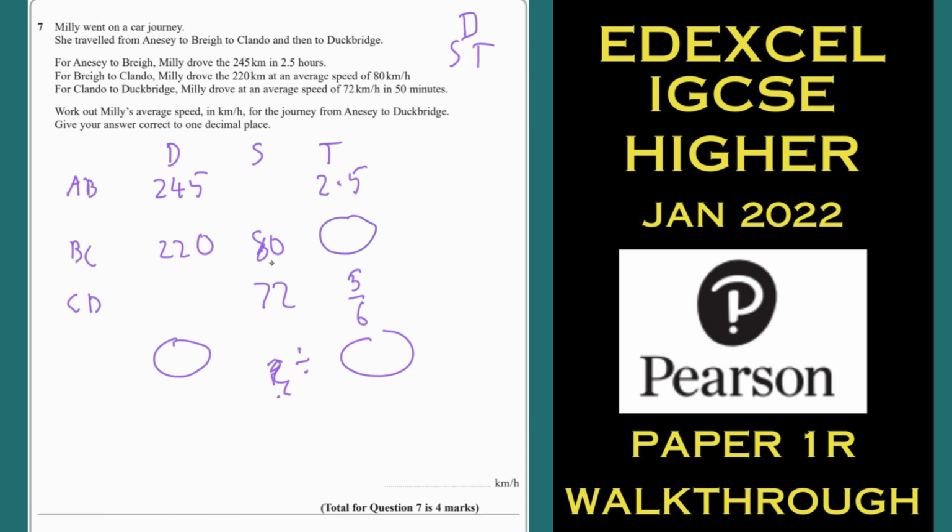We need this gap. So how do we work out time? 220 divided by 80, you get 2.75, 2 3/4 hours. Now we fill in this blank here. To get distance, it is speed times time. You multiply those two, you get 60.